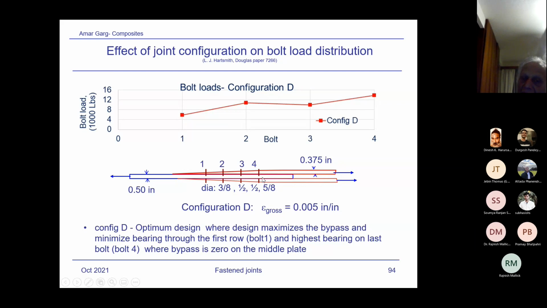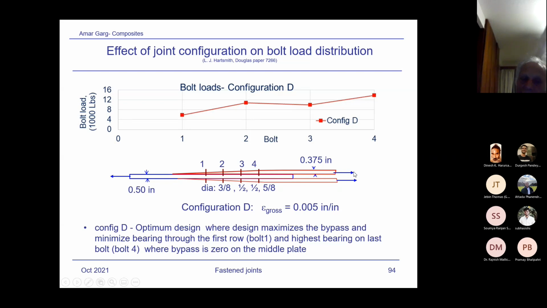It was picking up higher load in the previous slide, but now since you have larger diameter, it will pick up even higher load. So this is the optimum design: maximum bypass and minimum bearing stress at the first row bolt, and highest bearing on the last bolt, where bypass is 0. However, again, this is impractical for designing joints.